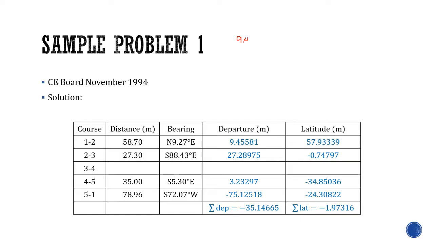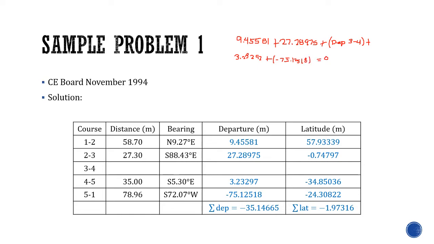Isum natin yung departure: 9.45581 plus 27.28975 plus the departure of 34, plus 3.23297 plus negative 75.12518.